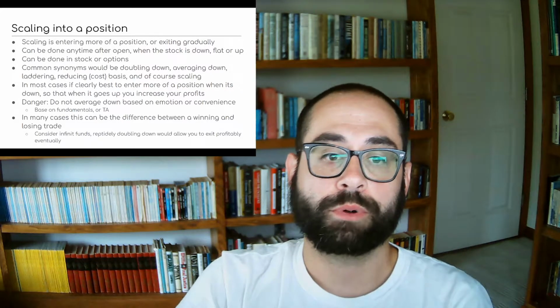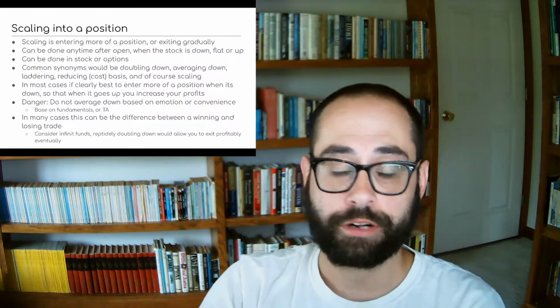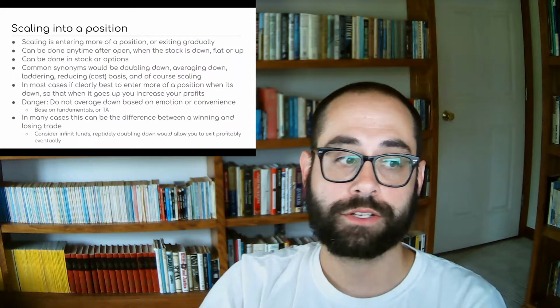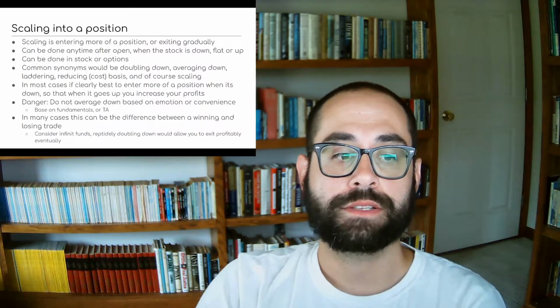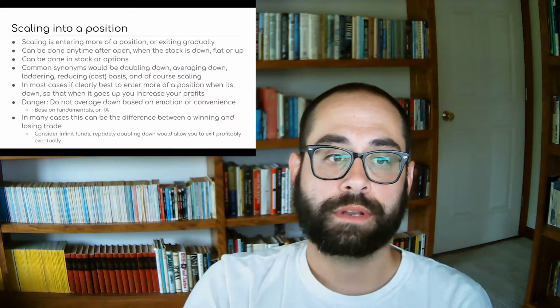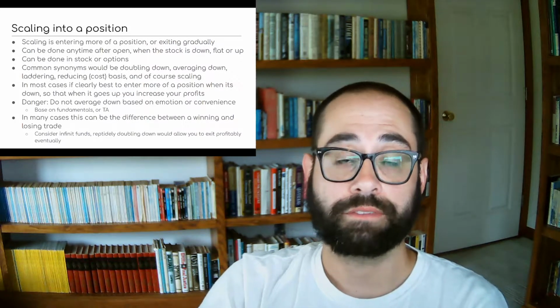So an example here is obviously you buy a stock, the Apple stock at $100, it drops to $90. If you liked Apple at 100, you're definitely going to like it at 90, and so you would buy another share. Well, now your two shares have an average cost basis of $95.